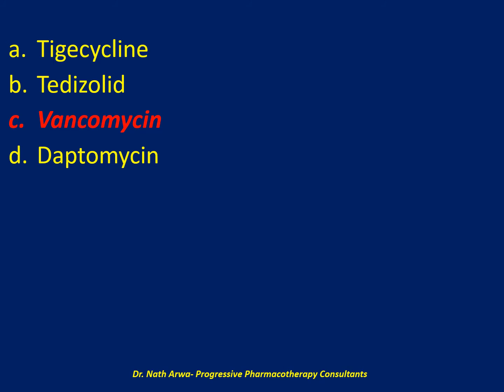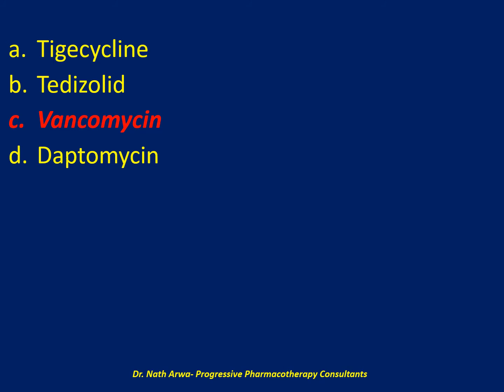Now, daptomycin isn't recommended as it's bound by pulmonary surfactants, so alternative D is automatically wrong, and this binding causes it to be inferior to even agents as mild as ceftriaxone for community-acquired pneumonia.